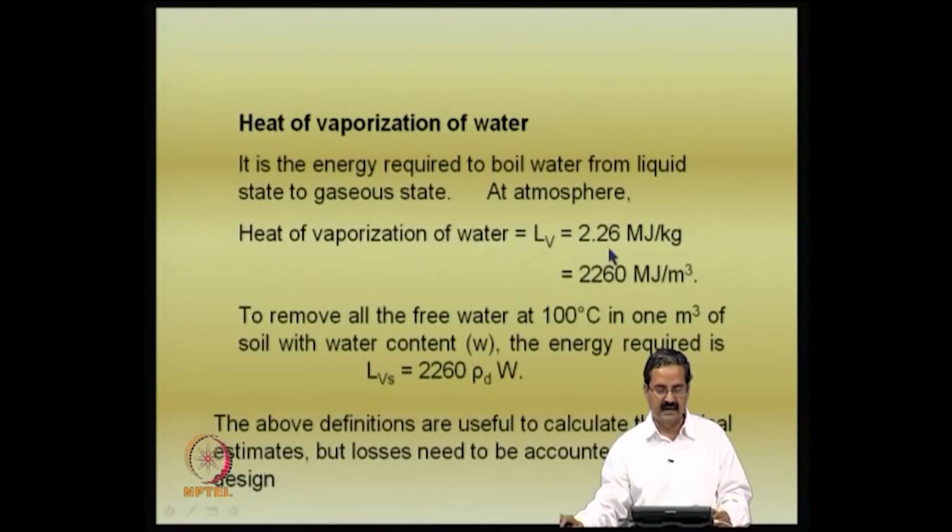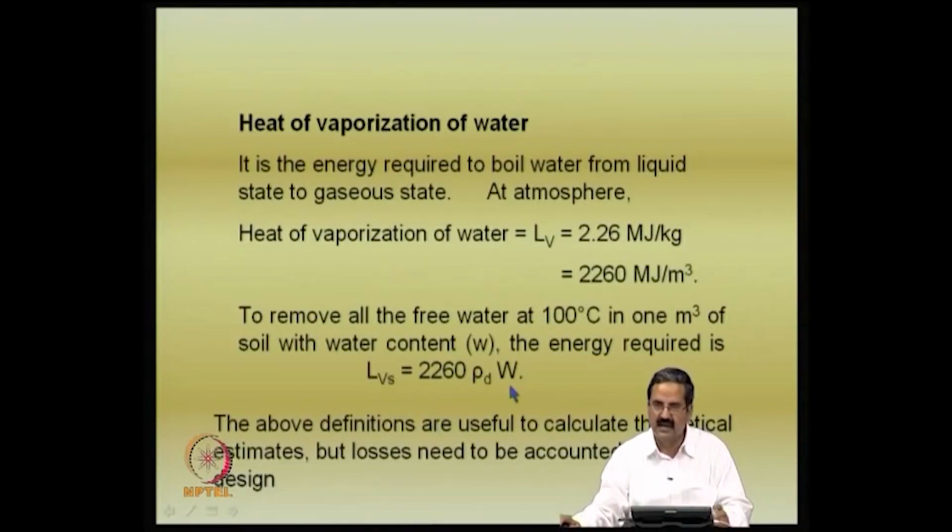So, that latent heat is in the range of 20 to 60 million joules per meter cube. As a simple example, to remove all the free water at 100 degree centigrade in 1 meter cube of soil with water content w, the energy required is L_v times rho_d times w, where rho_d is the dry density of the soil and w is the water content.